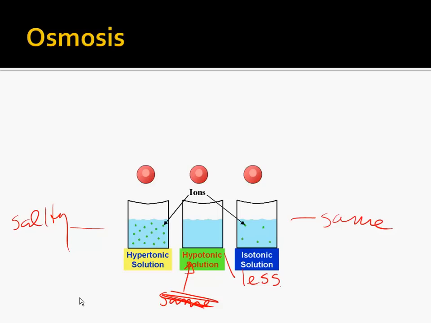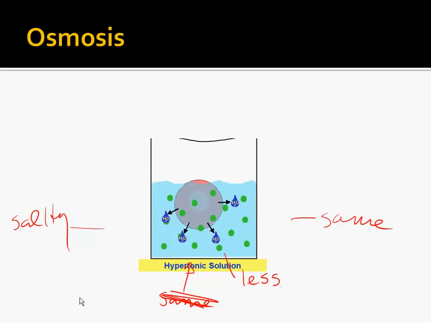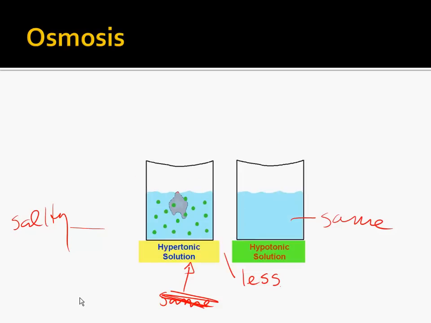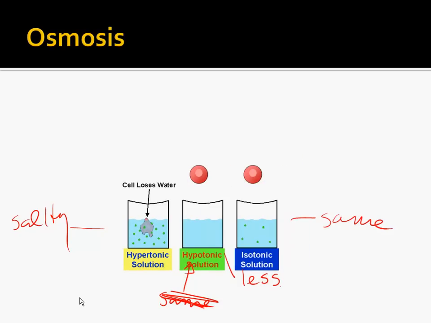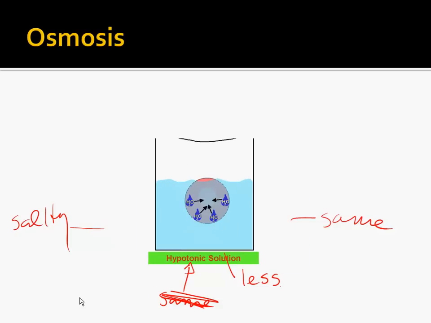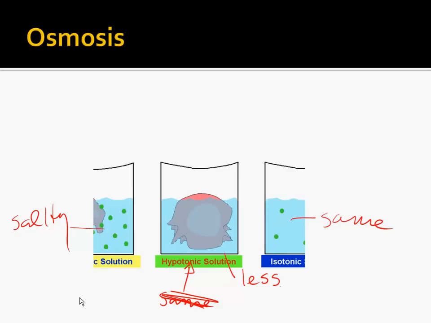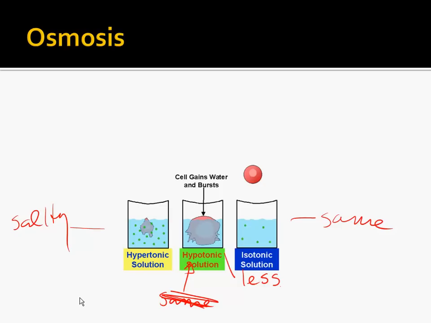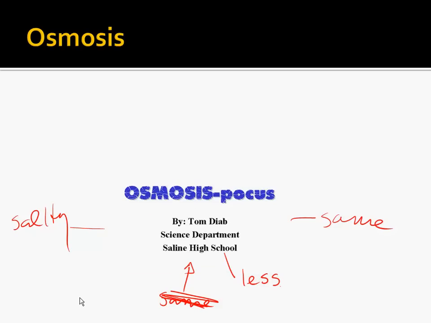So in the hypertonic solution, the red blood cell goes in, and the water moves by osmosis out of the cell. Hypotonic solution is very watery. The cell goes in, and the water goes into the cell, and it's going to cause the cell to rupture or burst or lyse. In an isotonic solution, it is the same inside and outside of the cell, so the cell is going to remain the same.